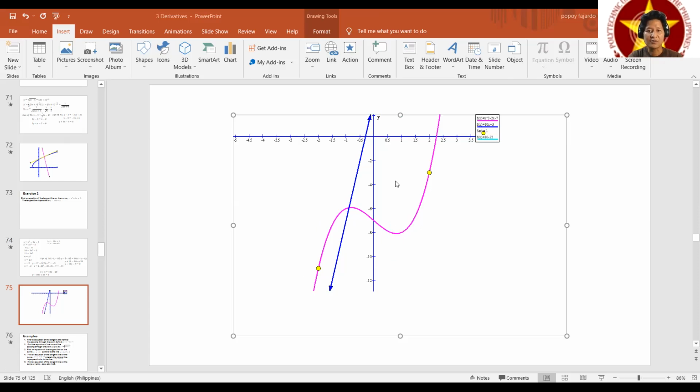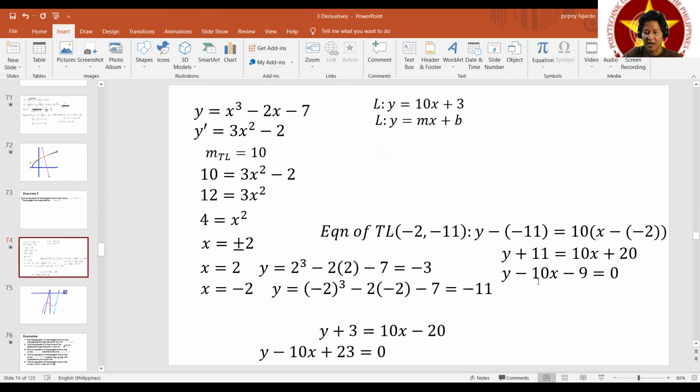So ito yun. Isa na yung 2, negative 3 natin. 10x minus 23. Okay, so ito yun, di ba? And then the other line is, ito, y equals 10x plus 9 naman.